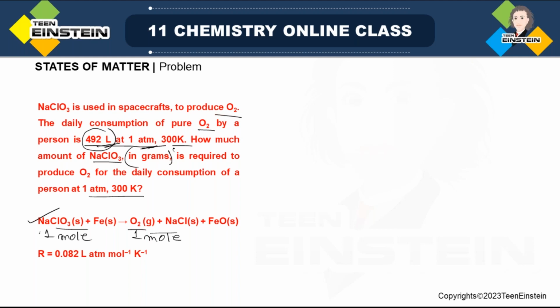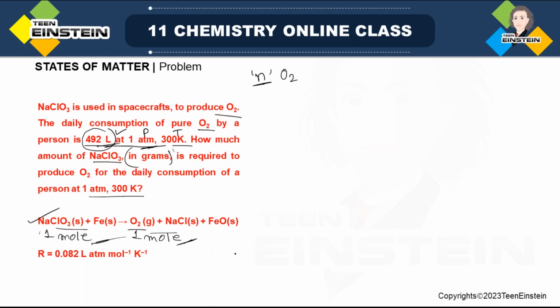Temperature is given, pressure is given, so this is volume, this is pressure, this is temperature. If you use the equation PV = nRT, you can obtain the n value, because T, P, V are all known, R is also known, it is a constant, we know the value. Only n is unknown, so n for oxygen you can find. Once you know n for oxygen, it is the same n for NaClO3 also, because the mole ratio is the same, isn't it?